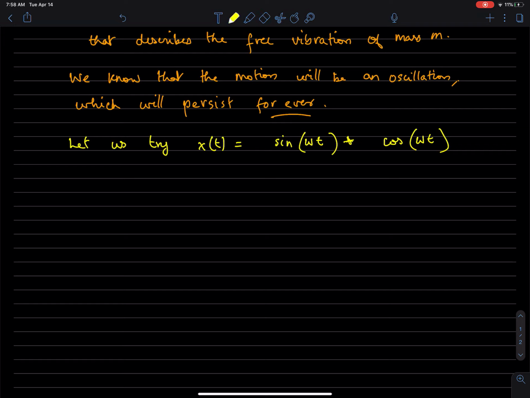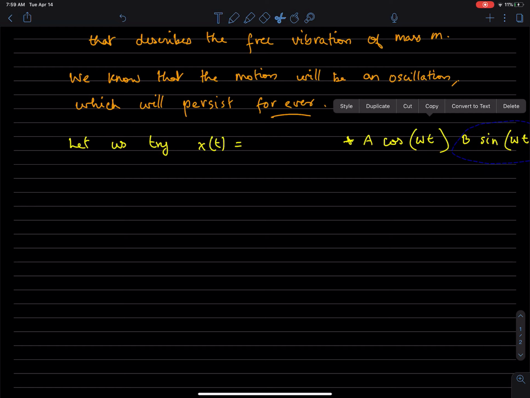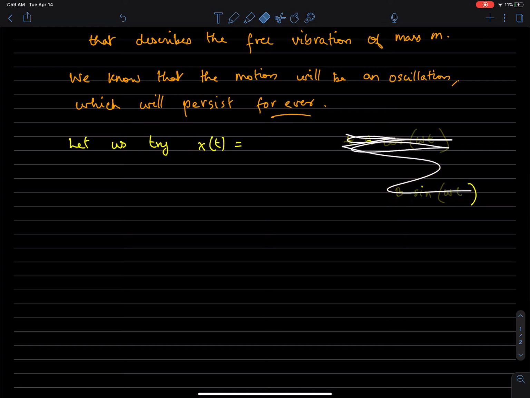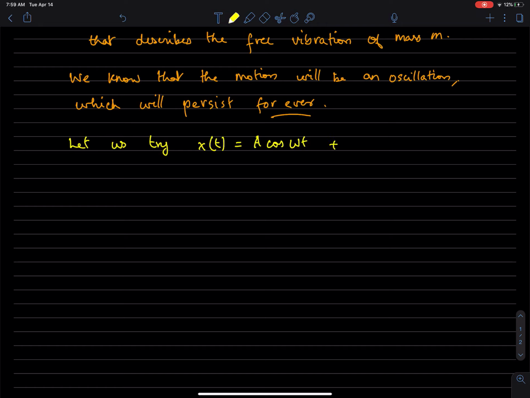Just to be consistent with the book, let me erase it and rewrite it. So let's say x equals A cosine omega t plus B sine omega t, okay?